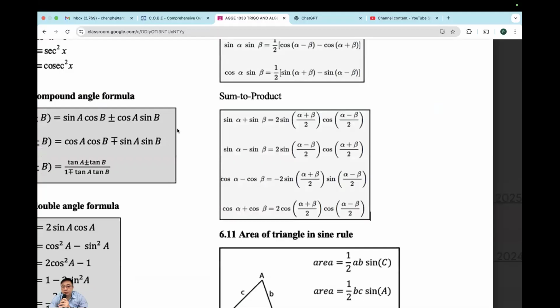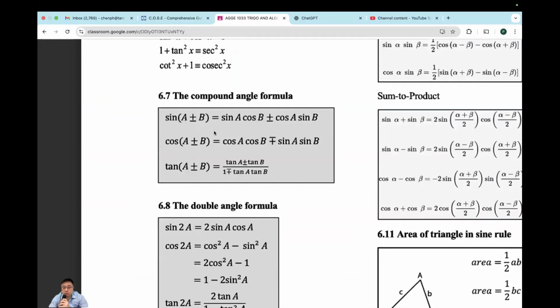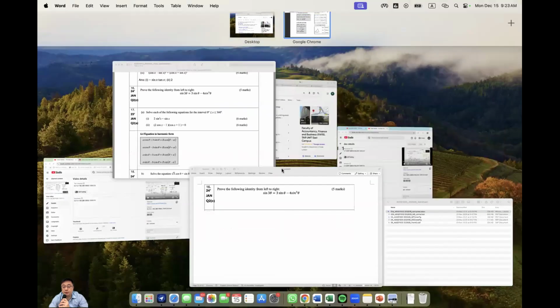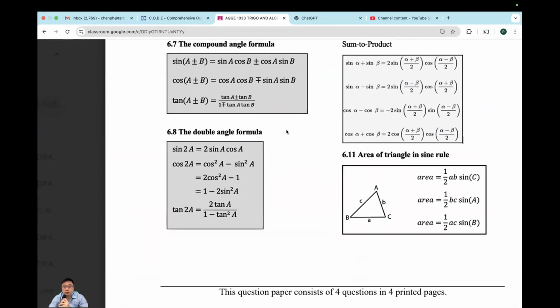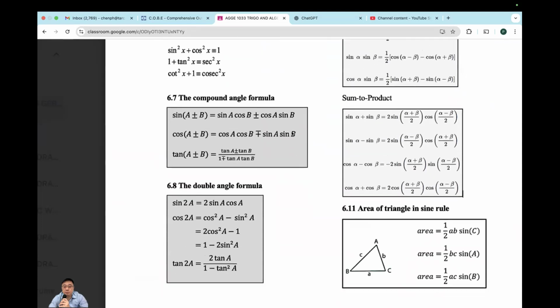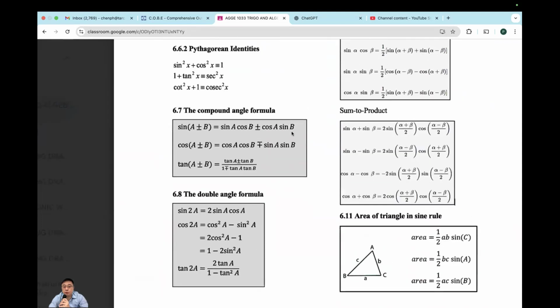Is there any formula that we need from this table for proving the triple angle? Any formula you need? Let me know. I will cut it for your reference. Can you pick some formula from this table?